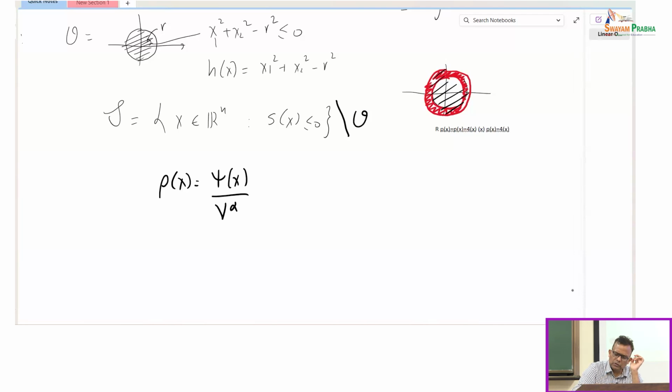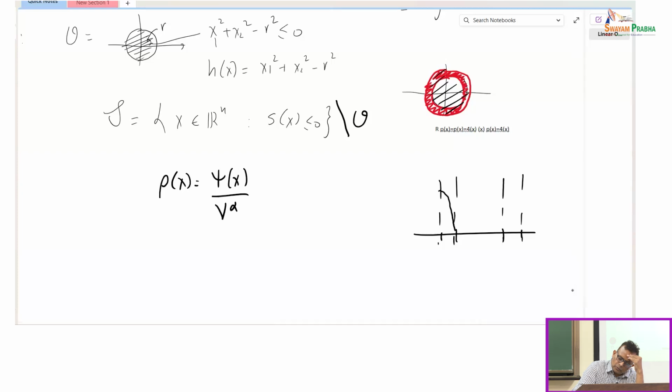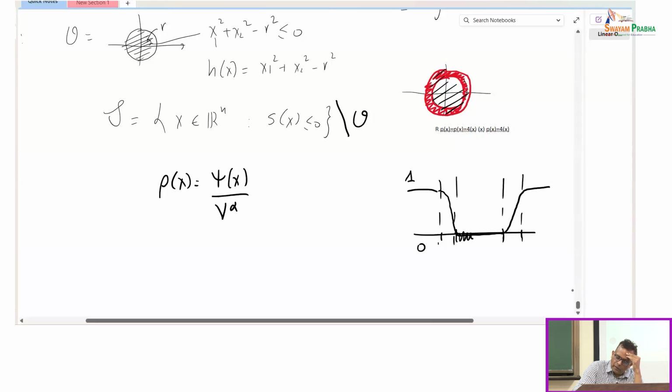If I want to project it onto a one-dimensional plane, think of this as the obstacle set and this as the sensing region. It will be 0 here and make a smooth transition from 0 to 1, and it will be 1 outside. Okay. So that's the kind of construction we're going to do.